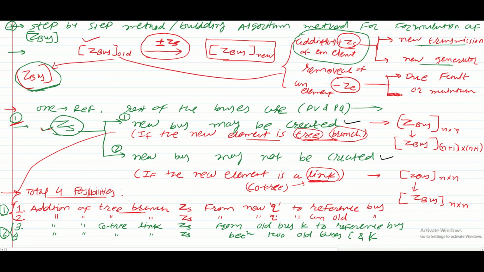So there are four possibilities when the new element is added into the system.